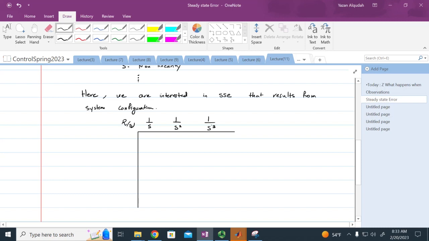So these are the inputs. And then we're going to look at different configurations of the system. We're going to call it type. And we're going to have type 0, type 1, type 2. And what we're going to be doing, we're going to be filling all these entries.